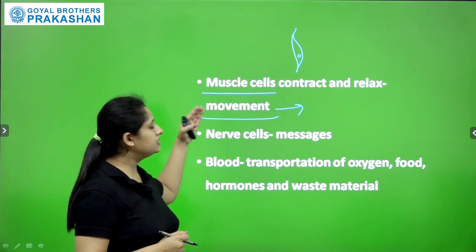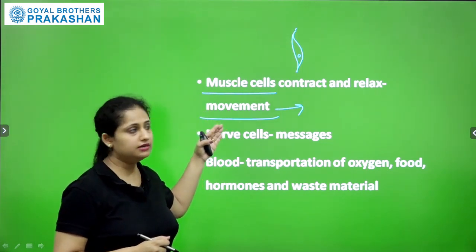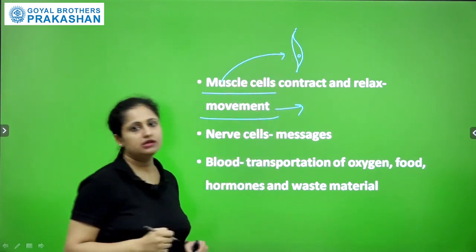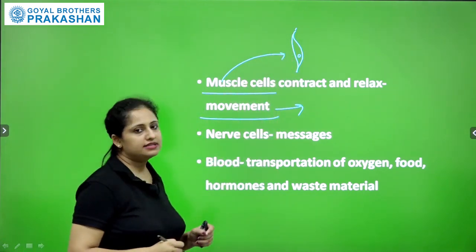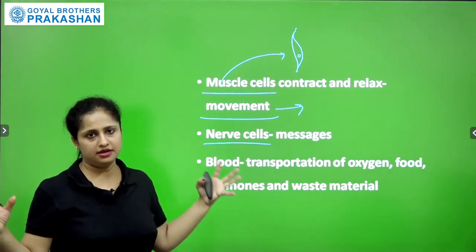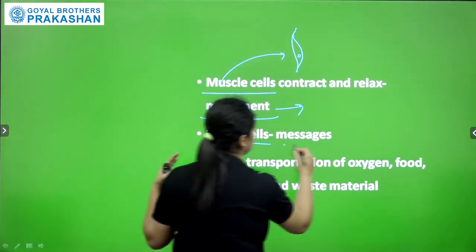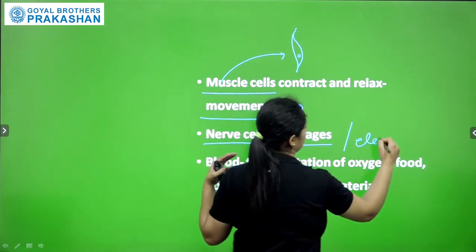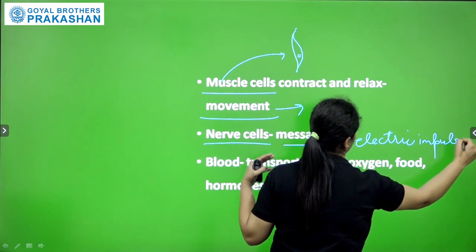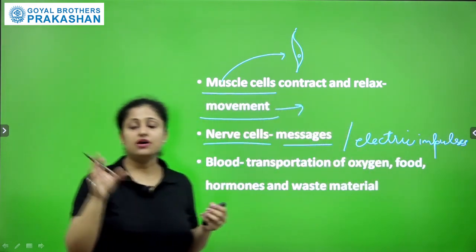Because of this activity, the shape of the cell is important. Similarly, nerve cells are long enough to carry messages or electric impulses from one neuron to another.